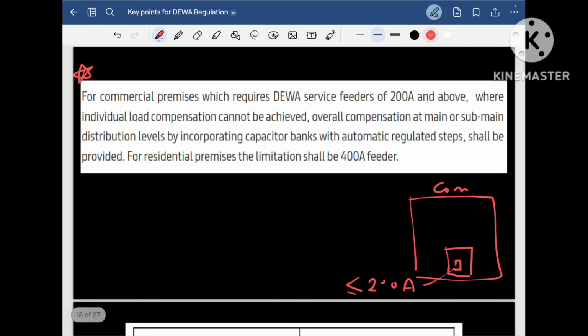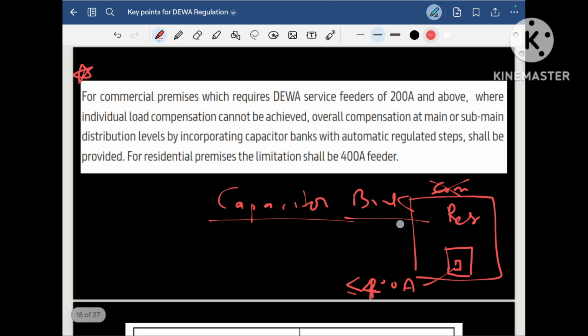Then this project requires a capacitor bank. But suppose this project is not commercial, it is a residential project. Then for an MDB having a breaker rating of 400 ampere or above, only then is a capacitor bank required.